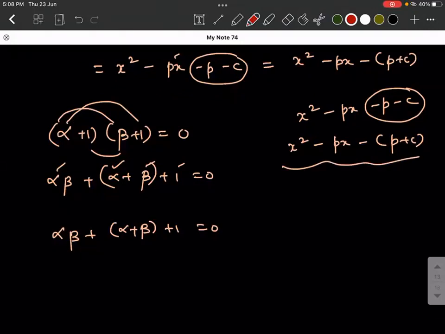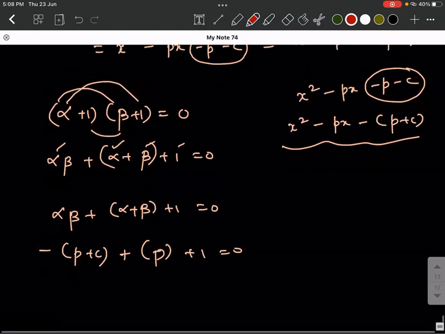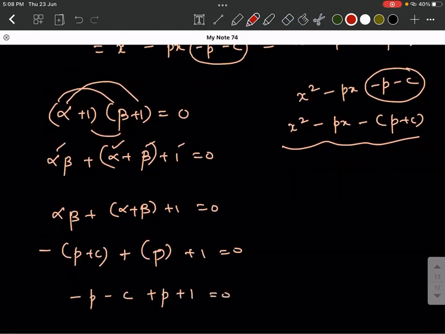It is c by a. C is how much? Minus of p plus c. Plus what is alpha plus beta? Minus b by a. So minus of minus p is plus p. Plus 1 is equal to 0. So if you expand it, multiply the minus sign: minus p minus c plus p plus 1 is 0. So p and p will get cancelled, which implies c is equal to 1. Option A.